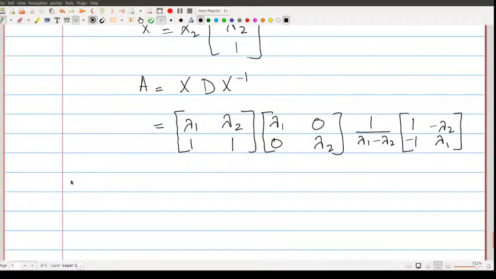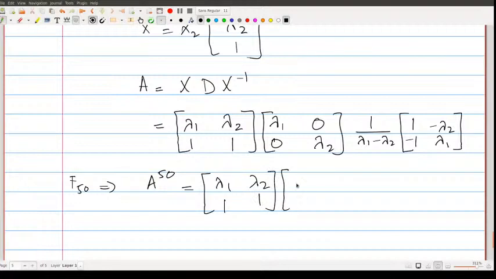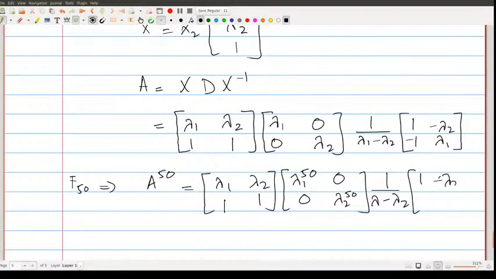And so now we can find F50. F50 is found by A to the power 50, which is (lambda 1, lambda 2; 1, 1), then lambda 1 to the power 50, lambda 2 to the power 50 on the diagonal, then 1 over (lambda 1 minus lambda 2) times the inverse matrix.